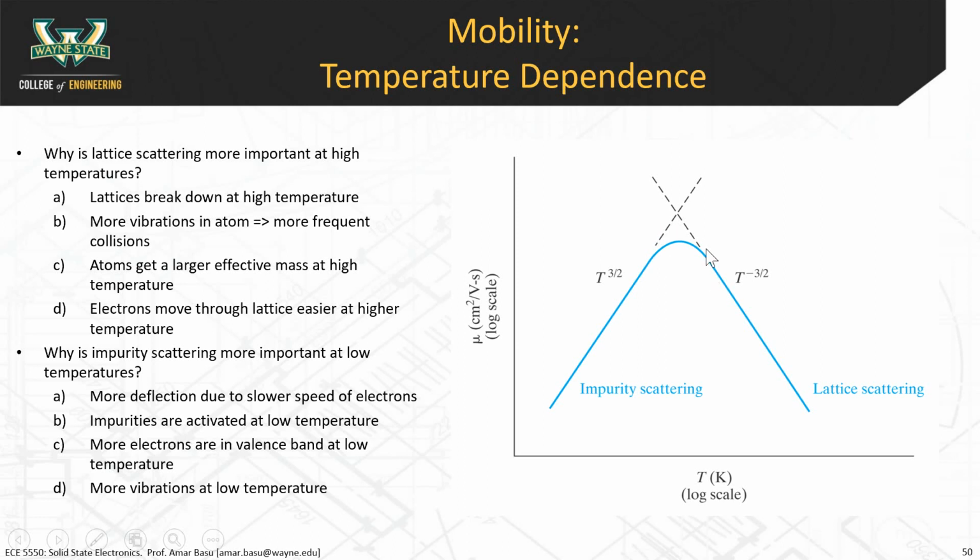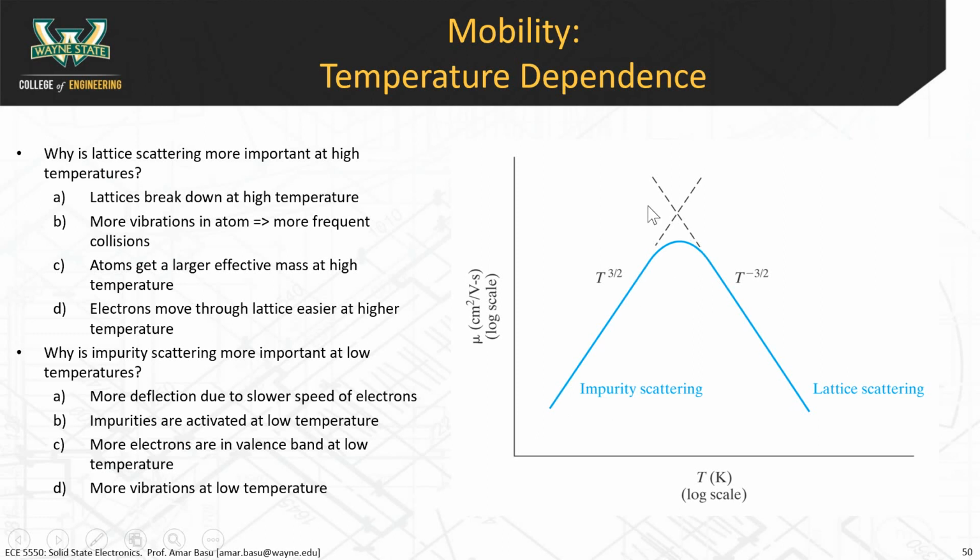Now, when you go to higher temperatures, the lattice scattering effects cause a decrease in mobility as a function of temperature to the -3/2. So the mobility goes down like this. And at lower temperatures, the impurity scattering causes the mobility to go down like this as well.